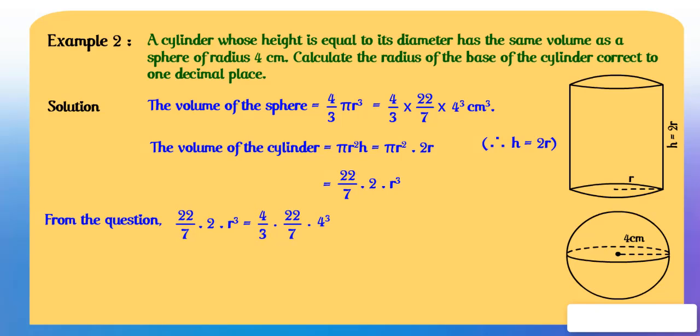From the equation, 22 by 7 into 2 into r cube is equal to 4 by 3 into 22 by 7 into 4 cube, or 2r cube is equal to 4 by 3 into 4 cube. This implies r cube is equal to 2 by 3 into 4 cube is equal to 2 to the power 7 by 3.